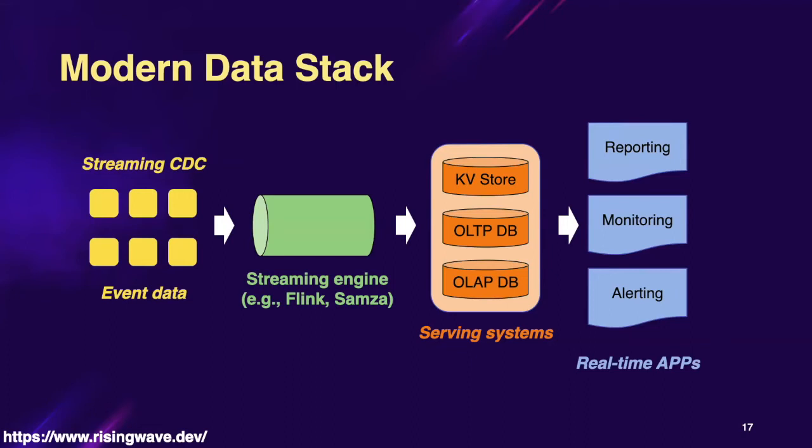And then the second stage is that we have a streaming engine, whether it's Flink, Storm, or Samza, and then we output the results to a serving system, right? No matter if it's a key value store, an OLTP database, or an OLAP database. So this serving system is for the downstream application to query, right?